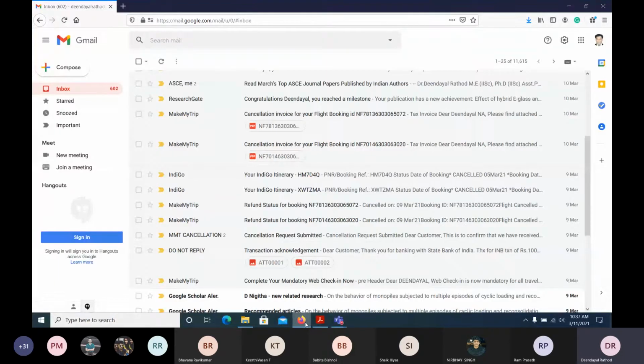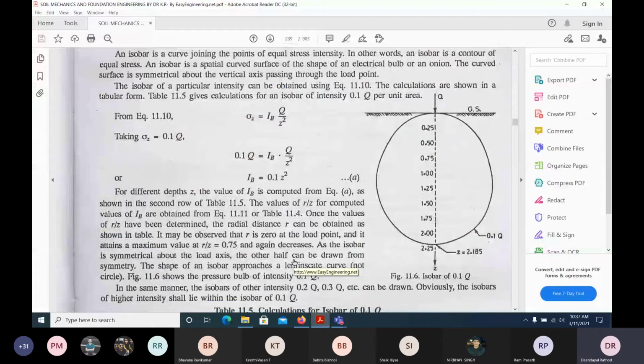Okay, so it is a very simple chapter only. No need to panic. It's a very simple topic, because Boussinesq has given the derived equation, and we have already seen that Q by z square, IB is the influence factor.